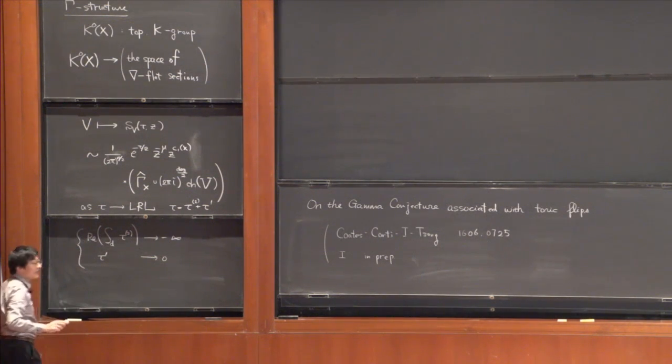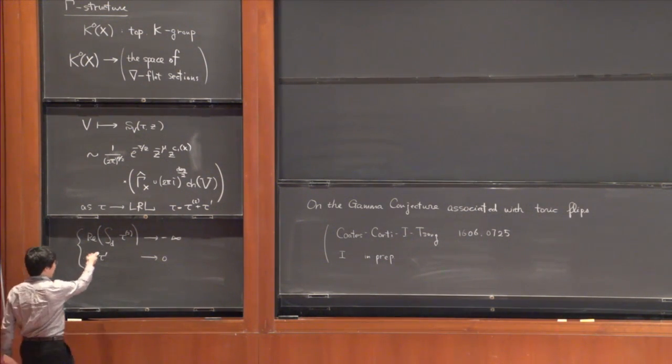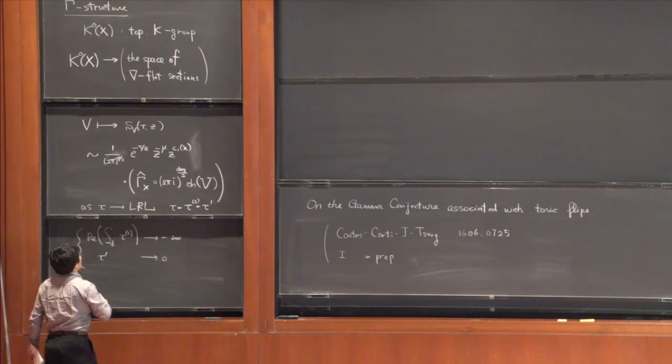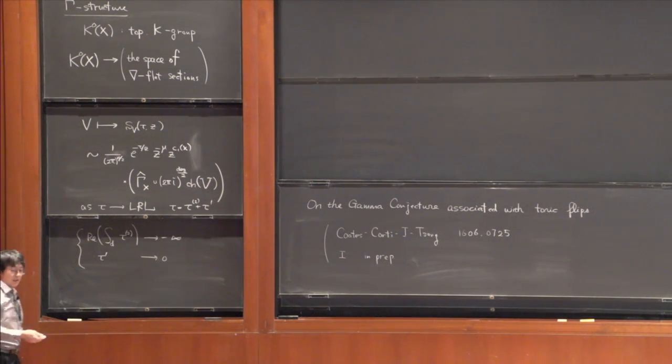This is a limit where the contributions from nontrivial curves die in quantum cohomology, so for example the quantum product goes to the classical cup product.